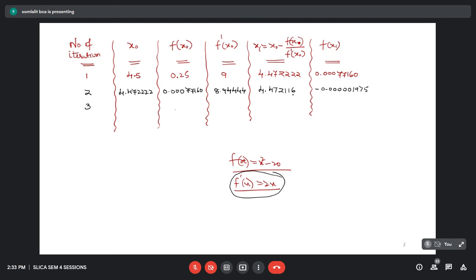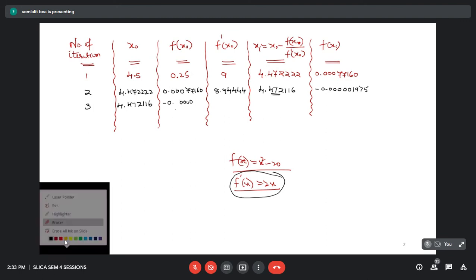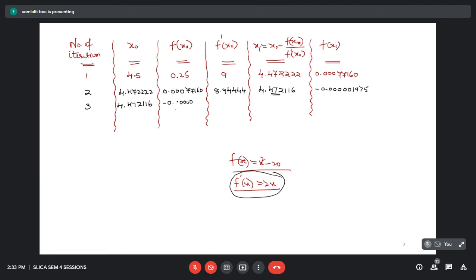So this x1 now becomes the new x0. So here this is 4.472116. This is minus 0, you have 5 zeros here, 5 zeros and then 1975. You need to get f dash x0.